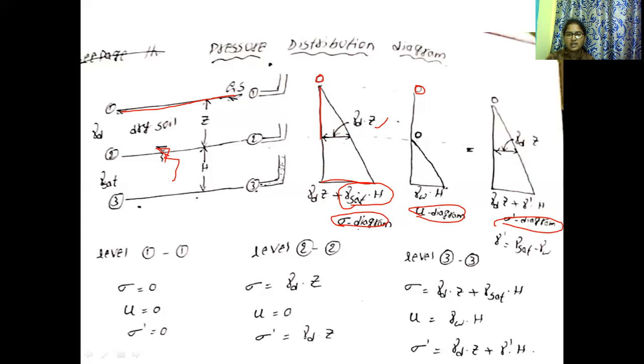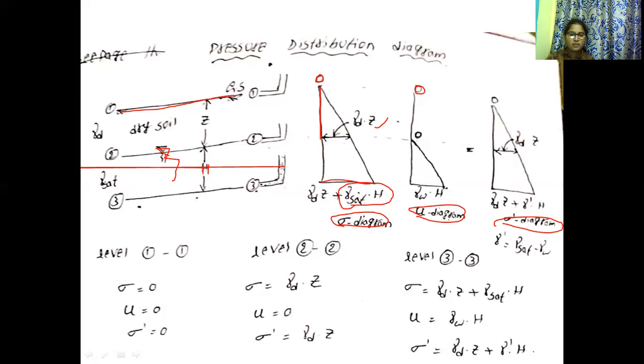That particular unit weight and particular thickness, the particular unit weight of the soil and that layer depth. So here the second layer will be in saturated condition, so gamma sat multiplied by H. So gamma D into Z from the first layer and gamma sat into H from the second layer. So the total stress diagram will be completed.